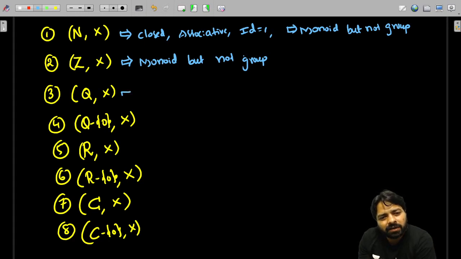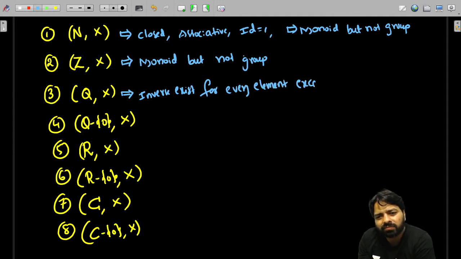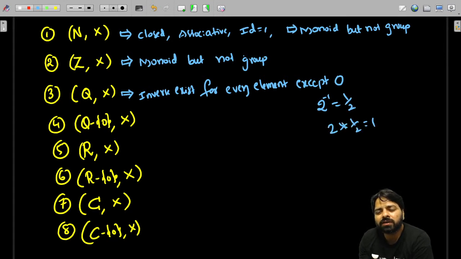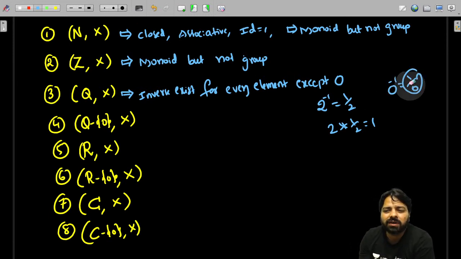Even here, inverse exists for every element except 0. Yes or no? Because if you ask 2 inverse, I can say 1 by 2, because 2 into 1 by 2 is 1. But if you say 0 inverse, you can't say 1 by 0, because 1 by 0 is not a number, right?